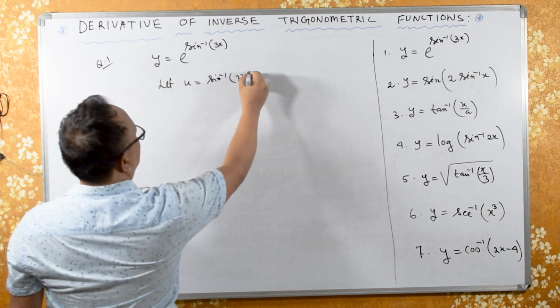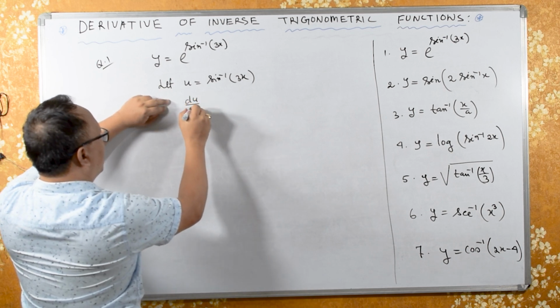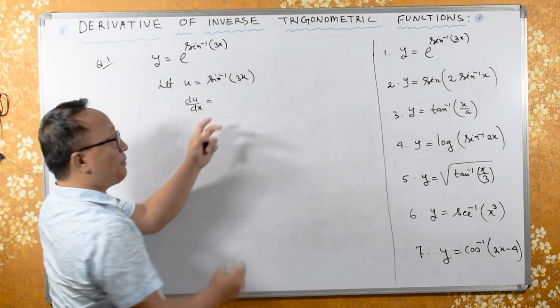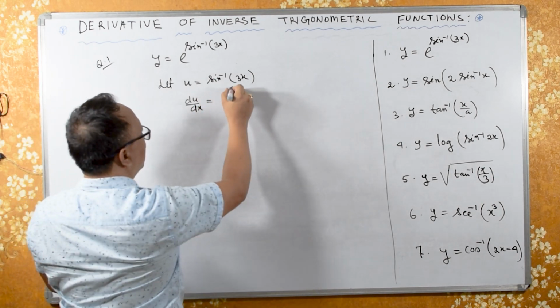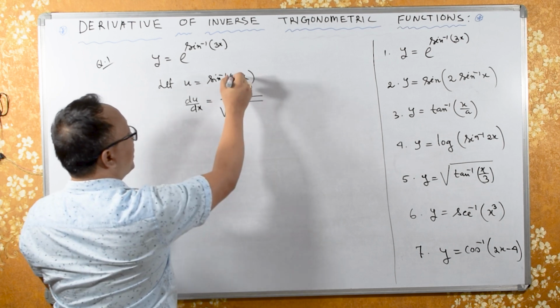Then from here I can find du by dx. The differentiation of u with respect to x: remember, the differentiation of sine inverse x is 1 upon square root of 1 minus x square.